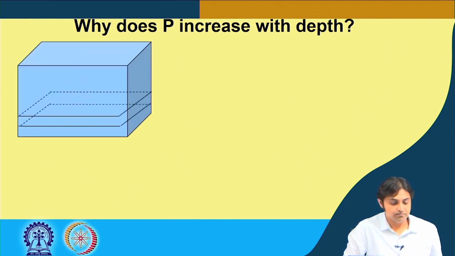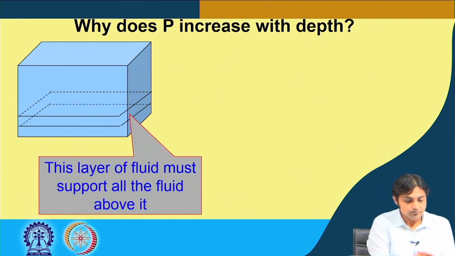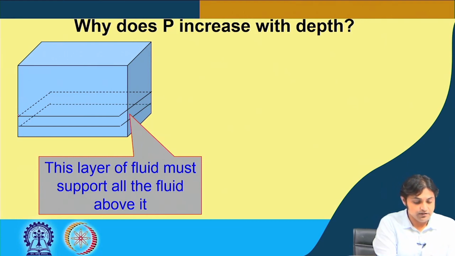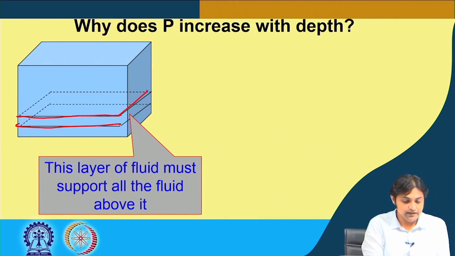This is a volume of liquid. As you can see, there are some layers in it. This is one layer, right? This particular layer will have to support the entire liquid that is above this layer, and the same is true for this layer.